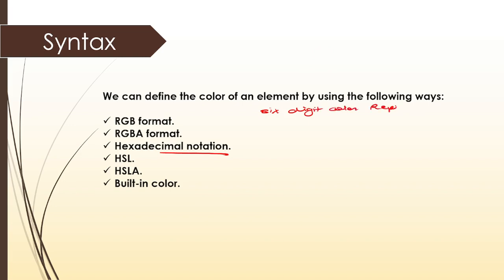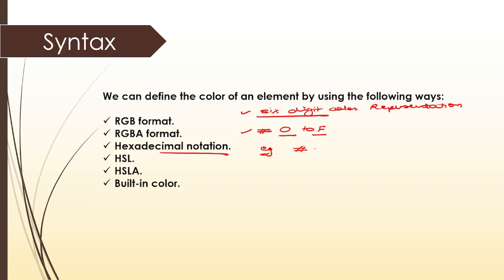The notation always starts with a hash symbol followed by 6 characters ranging from 0 to F. That means if you want to use hexadecimal notation, you should start your color code with hash and write 6 digits, and the characters included are 0 to F.